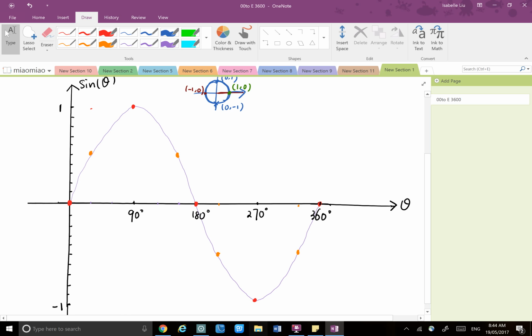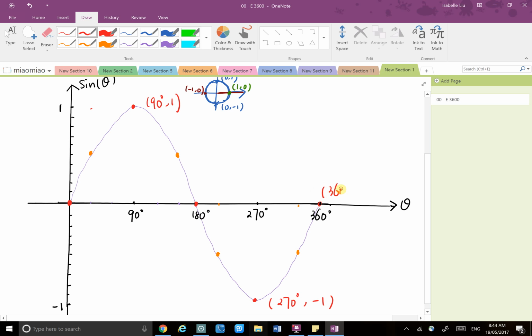You have a maximum turning point over there, with coordinate 90 degrees, 1. And you have this point at 270 degrees, -1. That's the minimum and maximum point.